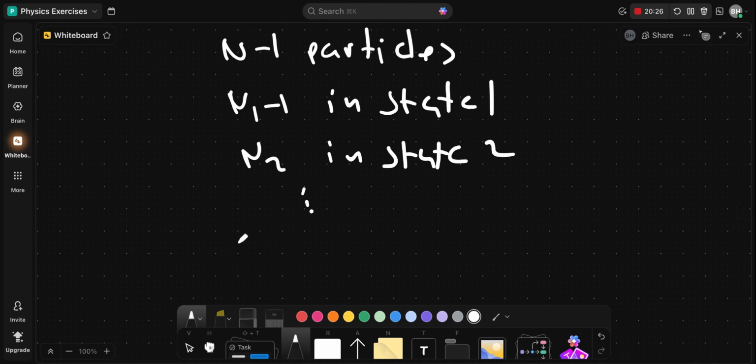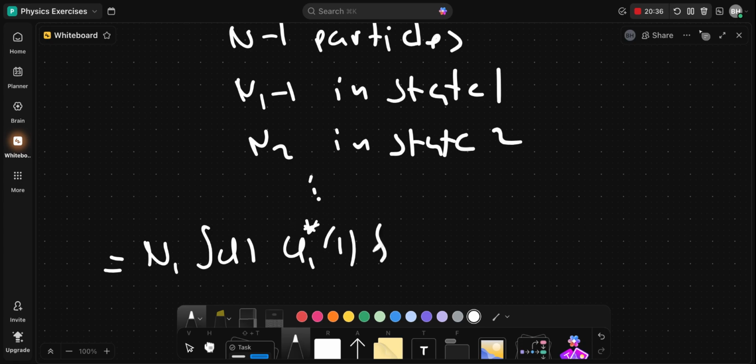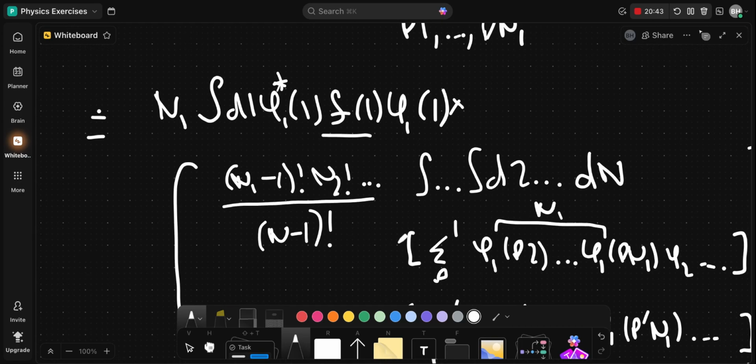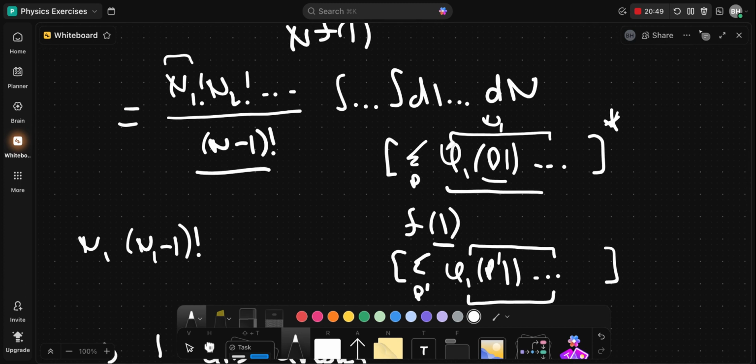So what we get in the end for this particular set is n1 integral d1 phi 1 star 1 f1 phi 1 1. But if I go back to the original expression that I was evaluating, what did we say here? We said that we take all configurations in which particle 1 falls among the first state orbitals, this product of n1 phi 1s.